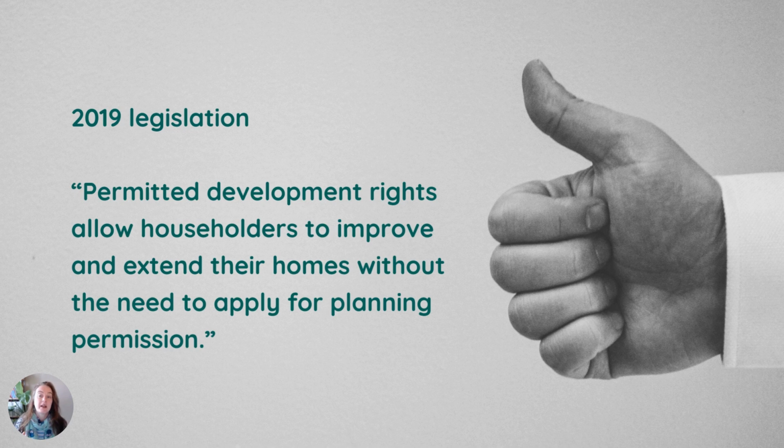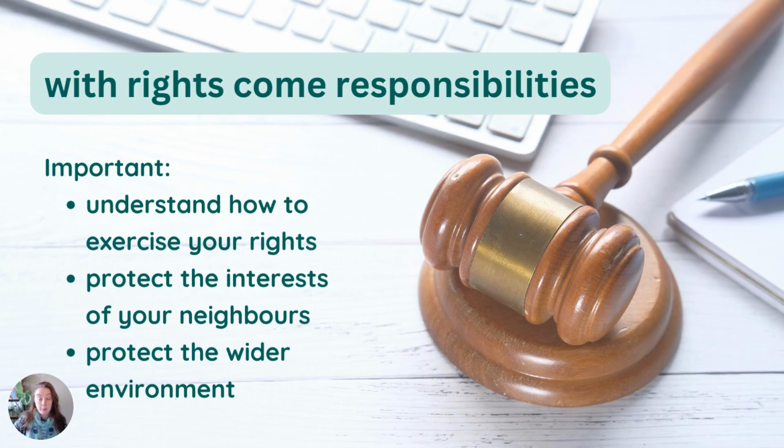Now, permitted development was renewed legislation in 2019. It came in earlier. What permitted development is, is the right for homeowners to improve and extend your home without having to apply for planning permission. But with this right come some responsibilities.